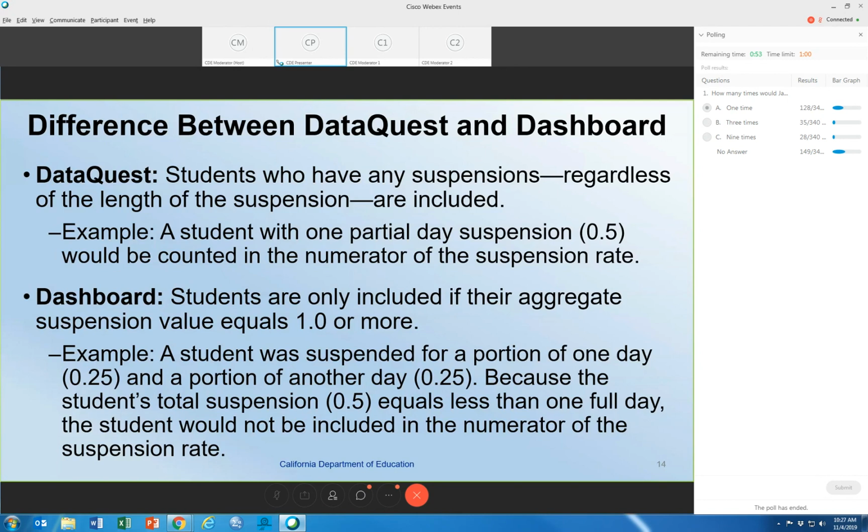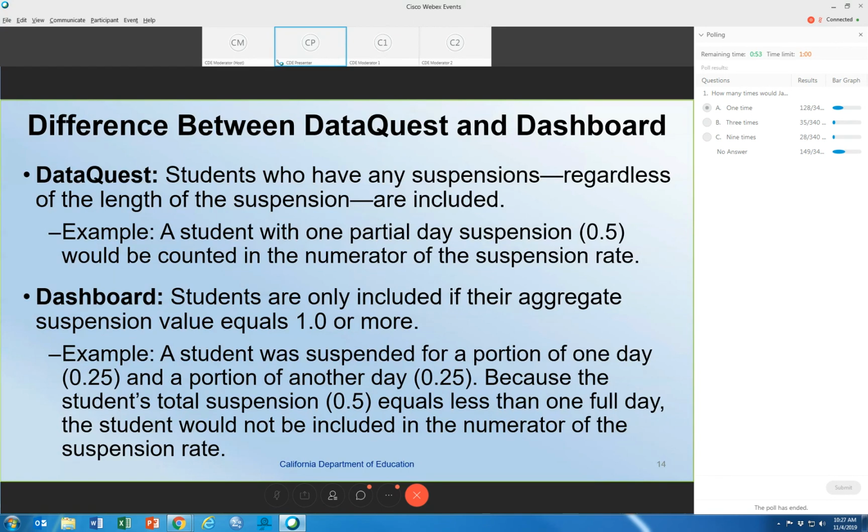So, for instance, if you had 10 students at your school who had a suspension recorded as 0.1, and that was all they were suspended for the whole year, they'll show up in your numerator on DataQuest. However, they will not show up in your numerator on the dashboard. This is the main difference this year. This information was collected this way through CALPADS.